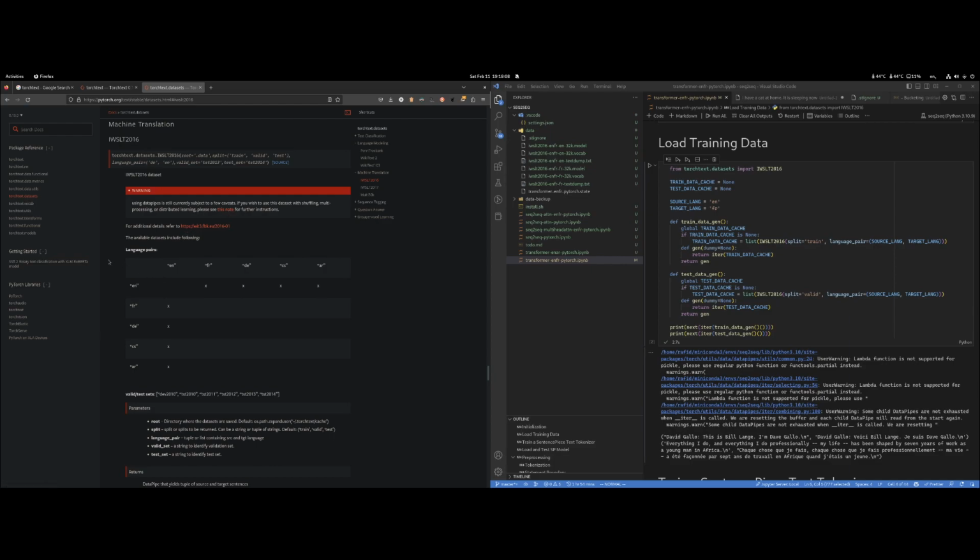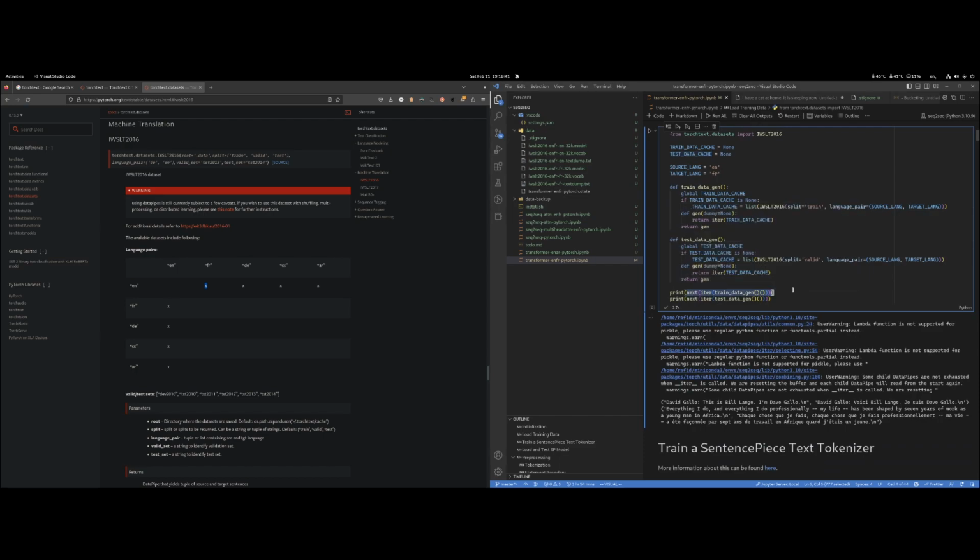It contains translation between multiple language pairs. We're going to use the English to French one, and the way you download this is you import it, create the object here, specify your source language and target language, and then decide which data you want. You could say either training, validation or testing. So I'm loading training, validation and test, and I'm printing an example.